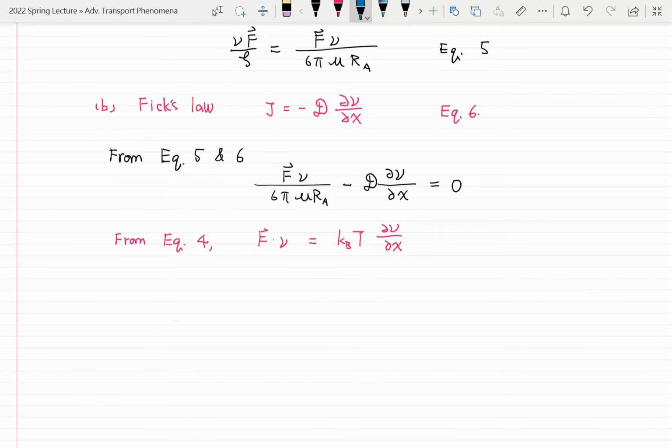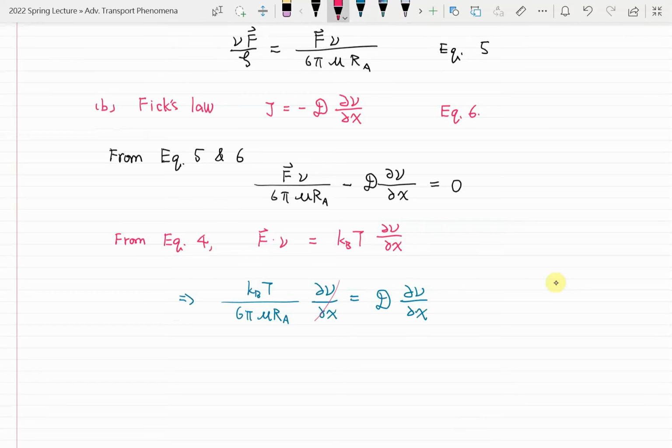So that gives us that the Boltzmann constant times the absolute temperature over 6 pi mu Ra, times partial nu partial x, equals the diffusion coefficient times partial nu partial x.